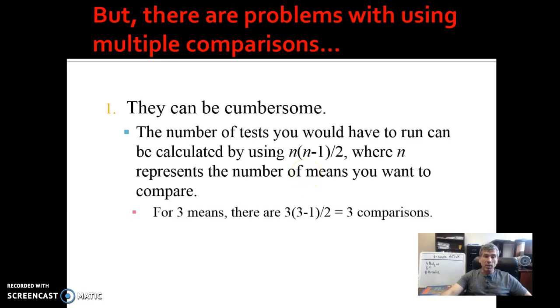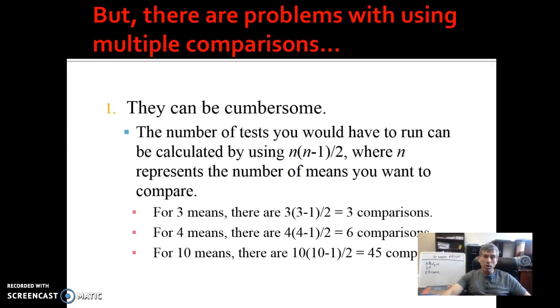For 3 sample means, like what we just talked about, you have to make 3 different t-tests, 3 separate independent samples t-tests. Let's say we throw a 4th country into the mix. Well, we're going to measure some folks from Cuba and throw them in as well. Now we have to run 6 different t-tests to make all of those possible comparisons. Let's say we want to throw in a half a dozen or so Central American countries as well into that mix, and we wind up with 10 total sample means.